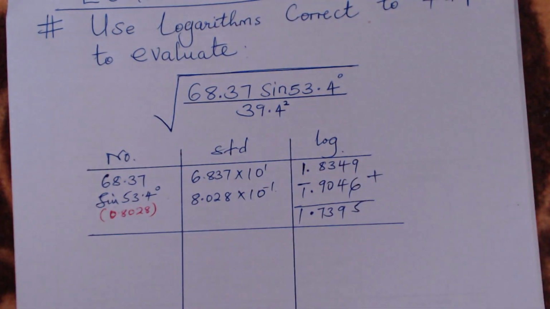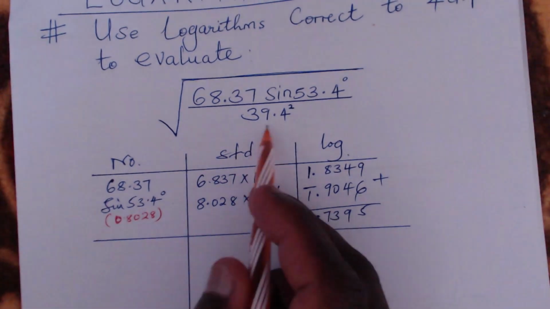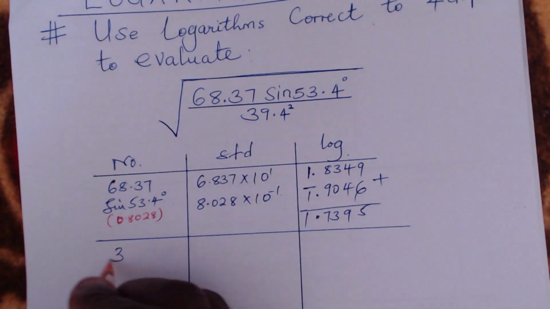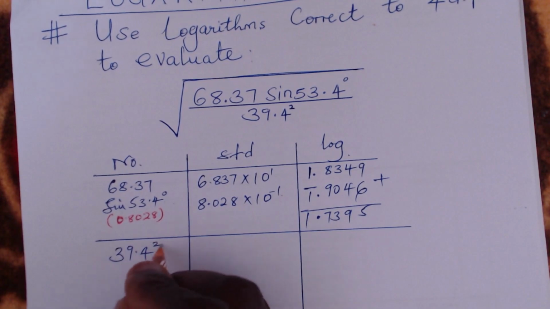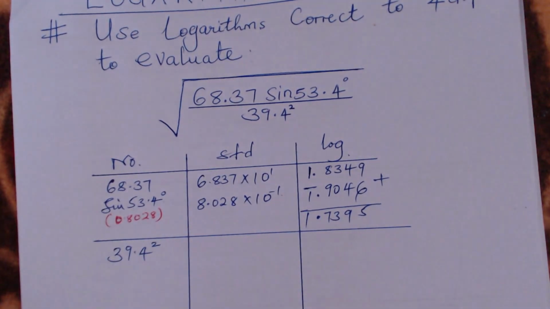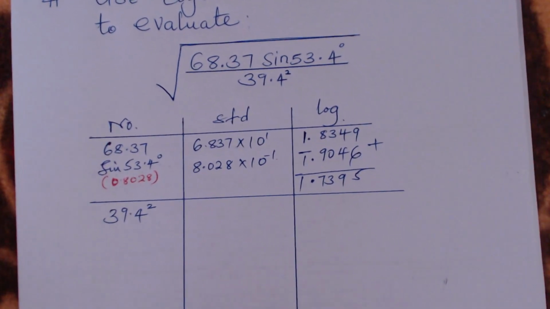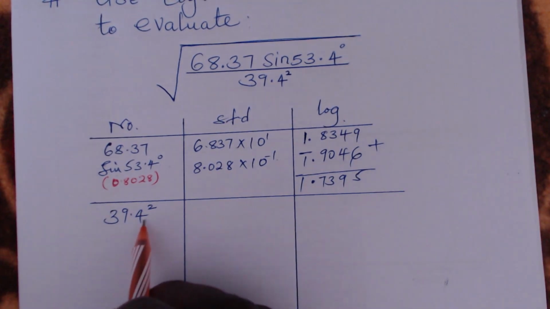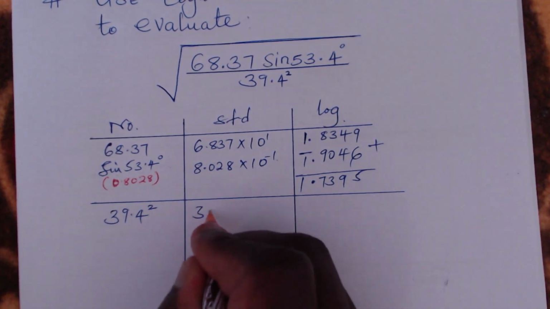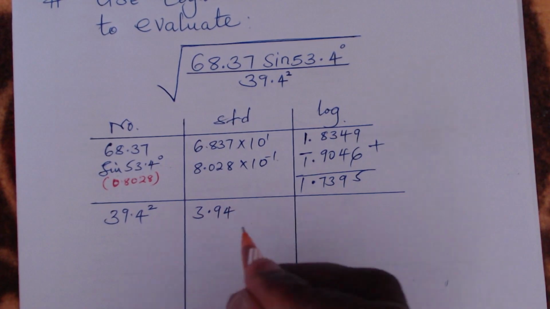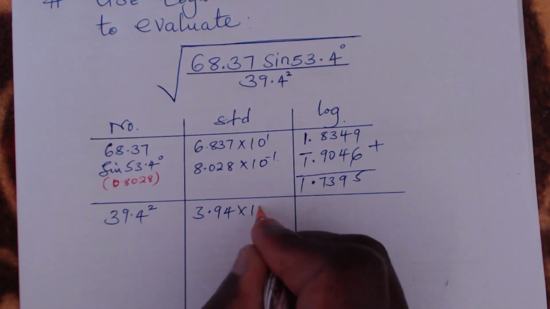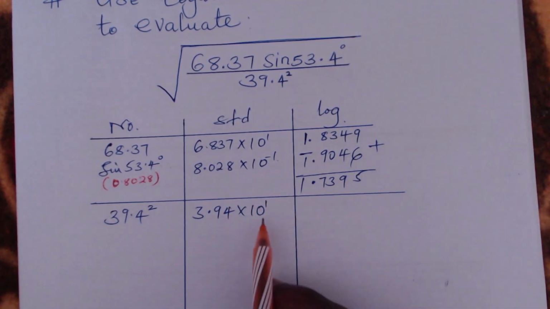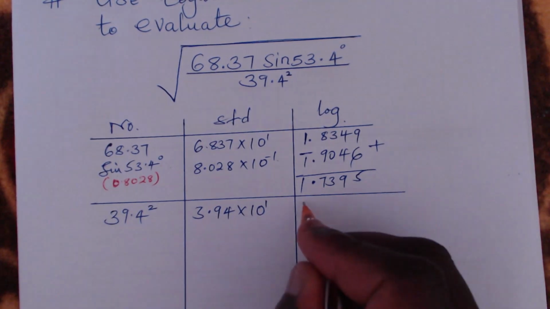For the denominator, we have 39.4 squared. So write 39.4 in standard form. You get 3.94 times 10 raised to power 1. The log of 10 raised to power 1 is 1.